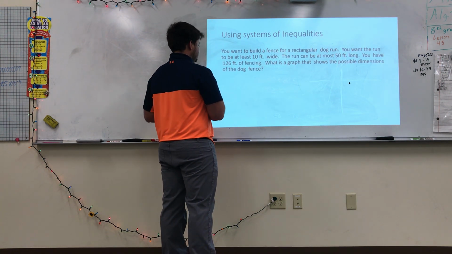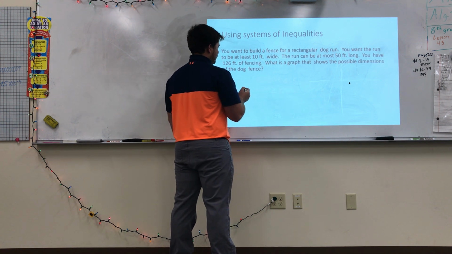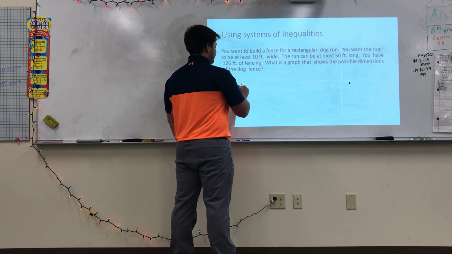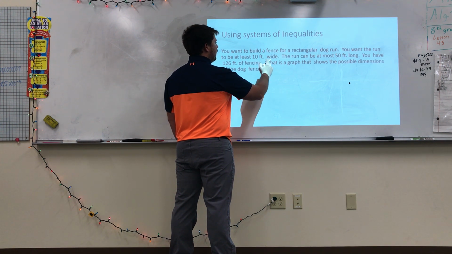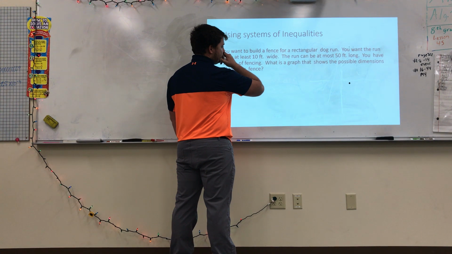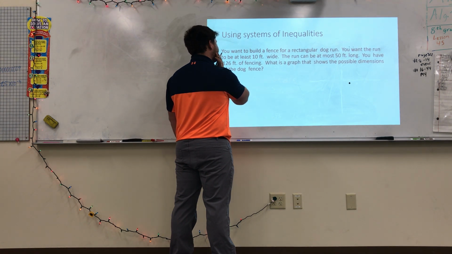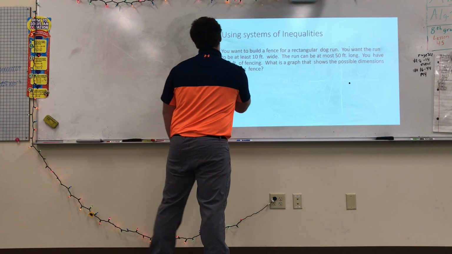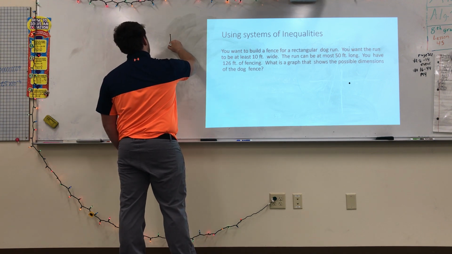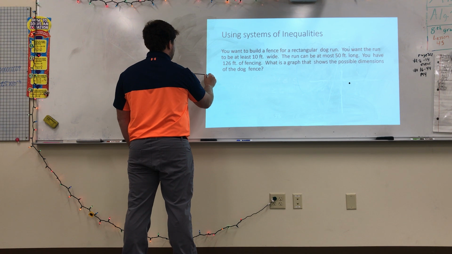Okay, so you know that your width has to be at least 10. You want to build a fence for a rectangular dog run. You want the run to be at least 10 feet wide. So at the smallest that your fence can be for a width is going to be 10 feet.